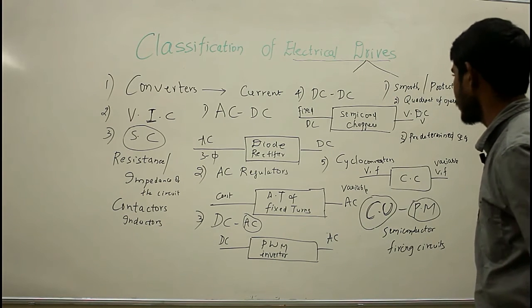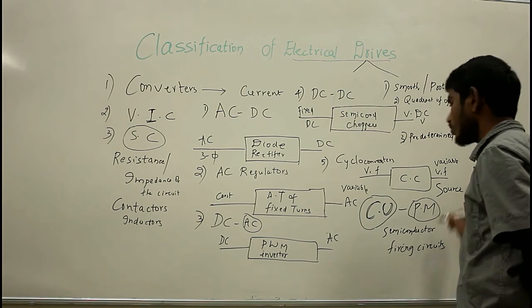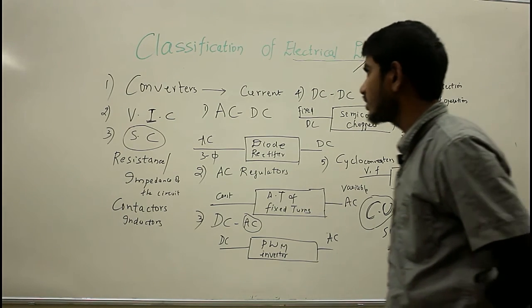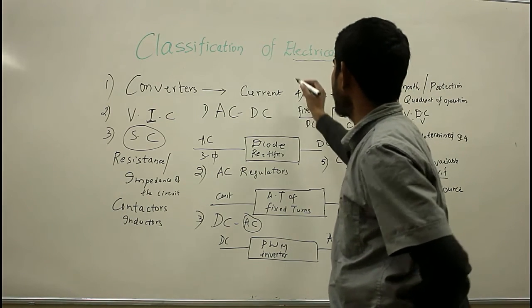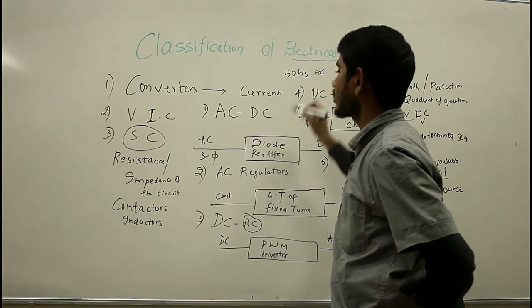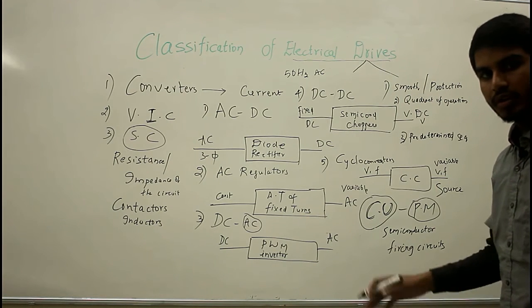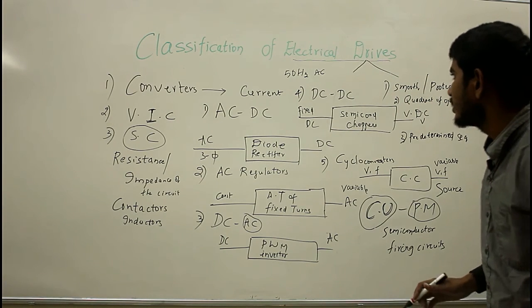Now coming to the source, the source can be single phase or three phase. Basically 50 Hertz AC supply is the most common type of electricity supplied in India for both domestic and commercial purposes.